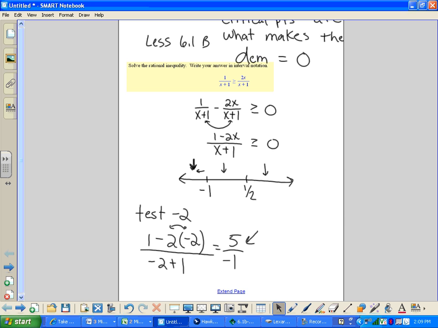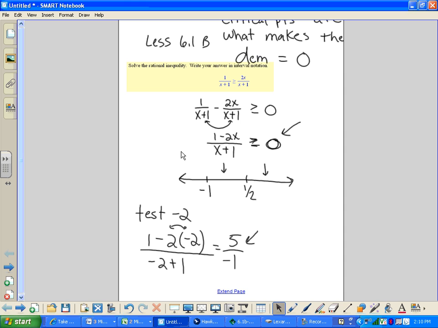The way I tell if this portion of the graph is a solution is to see: is that greater than or equal to 0? So is a negative greater than or equal to 0? No, it's not. So this region is not a solution.